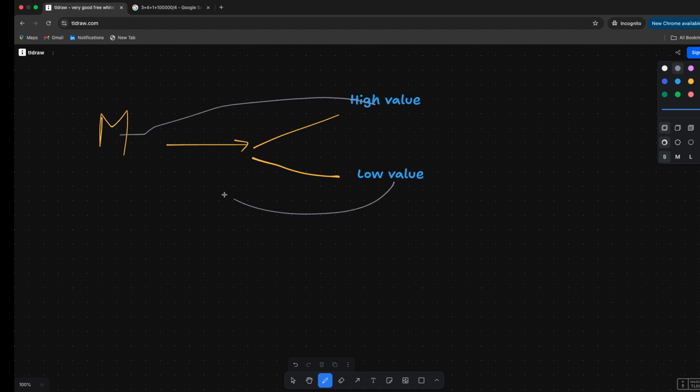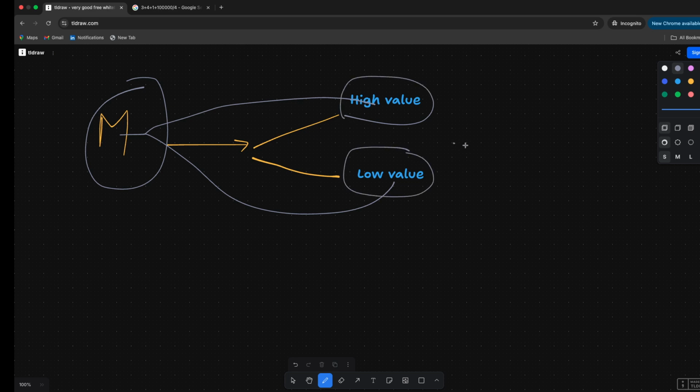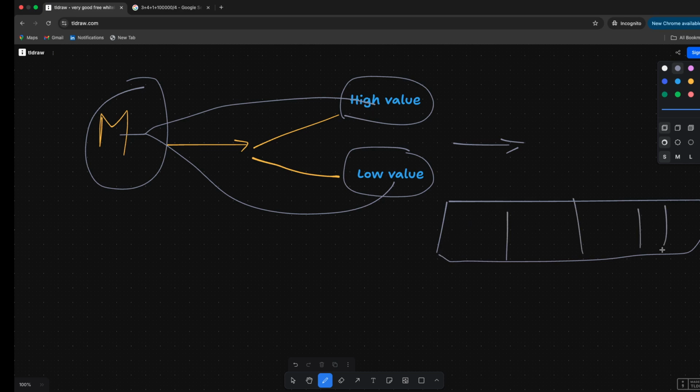So the solution to this is, what if we calculate the mean such that we only take into consideration the middle values and remove the extreme values? If you have a very high outlier, the mean will go towards the outlier, and if you have a very low value, the mean will go towards that.